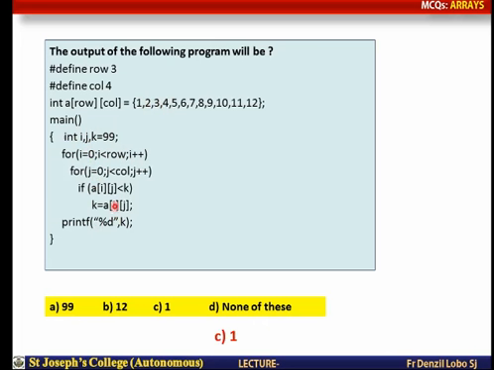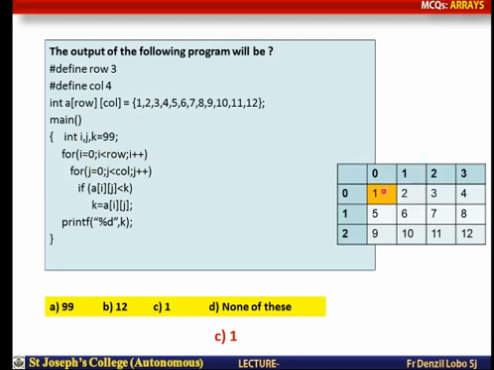It is going to be 1 because he is asking this question: is A00 less than K? Yes, so it is assigning 1. Afterwards, every other value is more than 1. Therefore, K will contain 1. Therefore, C is the answer.